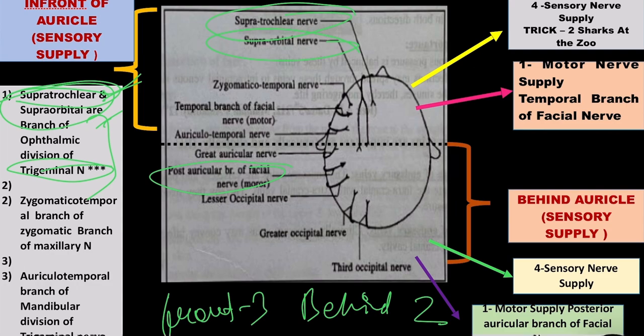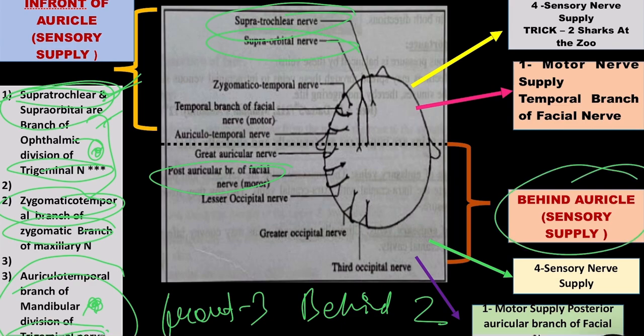Then we have the zygomaticotemporal branch, which is the zygomatic branch of the maxillary nerve. Then we have the auriculotemporal branch of the mandibular division of the trigeminal. Since I say there are 3 divisions of the trigeminal nerve, here we cover the mandibular as well as the ophthalmic division. When we talk about the supply behind, it is the posterior auricular branch, then the lesser occipital nerve, then the greater occipital nerve, and the third occipital nerve, that is the C2 dorsal ramus.